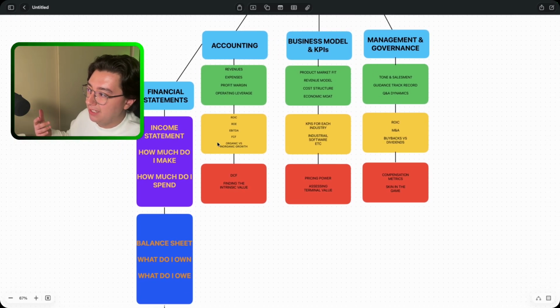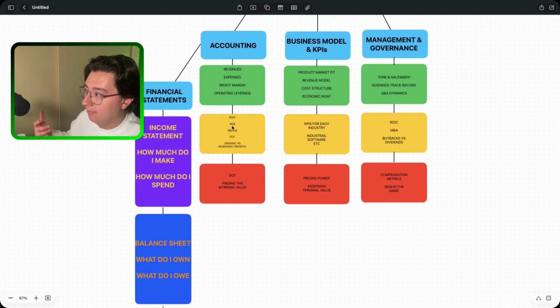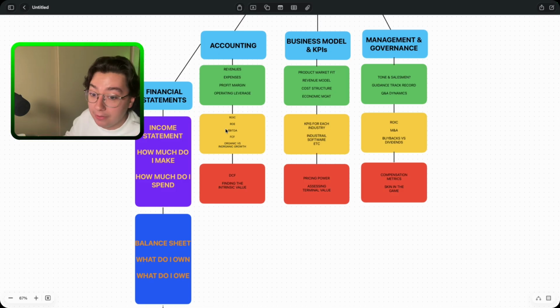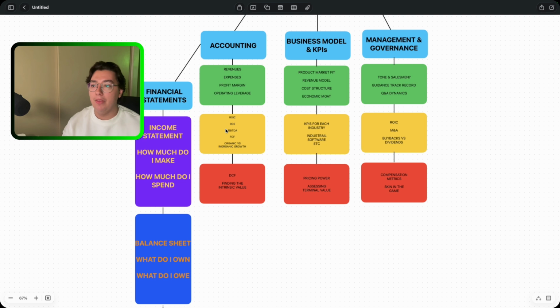These other metrics here, ROIC, ROE, which is return on equity. ROIC is return on invested capital. Very important metric. Why? Because this looks into a past trend. So basically, say that your ROIC is 20%.